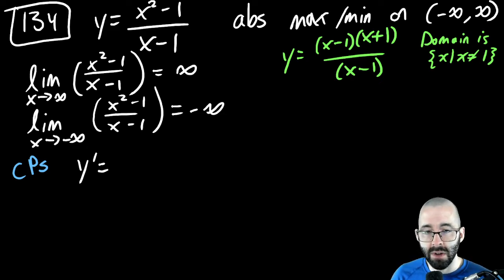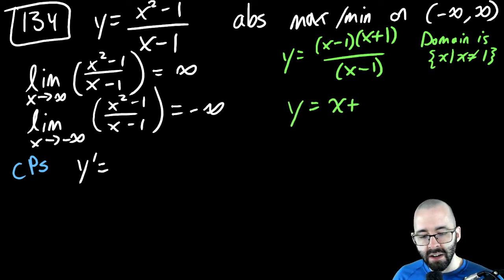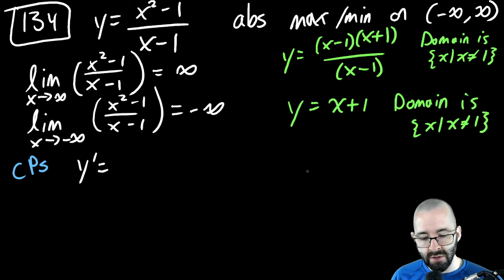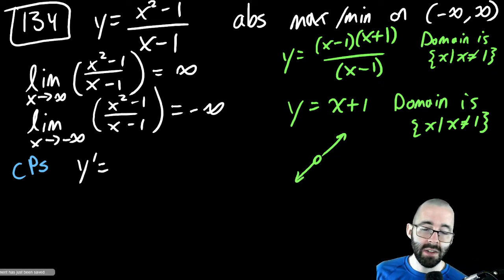Otherwise, we could use the quotient rule. They're both fine. So this is actually our function, but it still has the same domain. If you're simplifying this way, make sure to not lose track of the domain. There is a hole in this function. The function looks like this. That's why there's no absolute max and no absolute min.